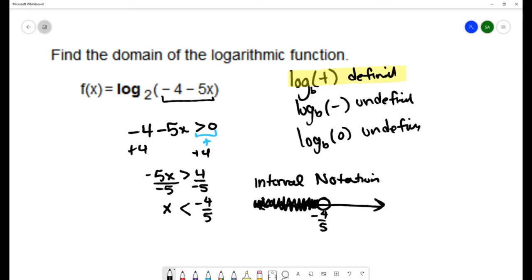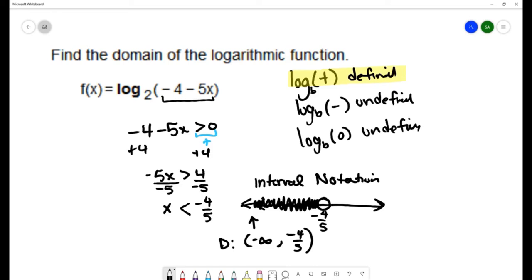With interval notation, we need a lower bound. Now this arrow indicates that there is no lower bound, so we write -infinity, and an upper bound, and that upper bound will be -4/5. We use a parenthesis on -4/5 to indicate that it's not part of the set. So our domain is -infinity to -4/5.